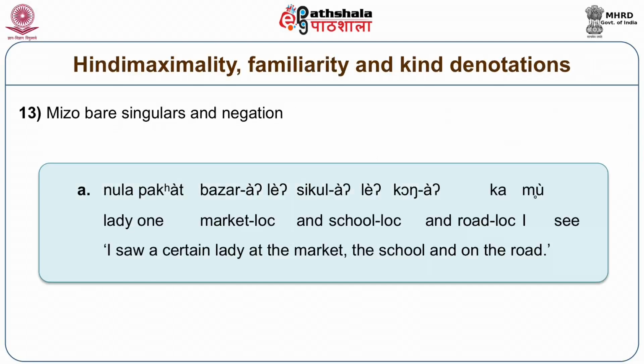An example like "I saw a certain lady at the market, the school and on the road" necessarily means that the speaker saw the same woman at 3 different locations: the market, the school and on the road. This reading is not available to bare singular noun phrases.